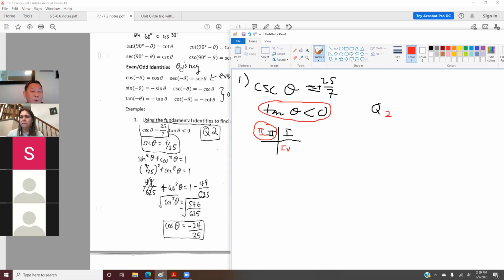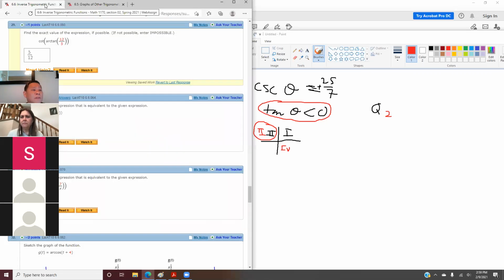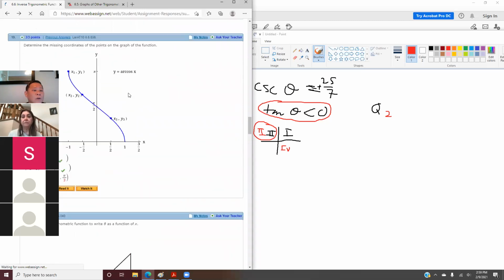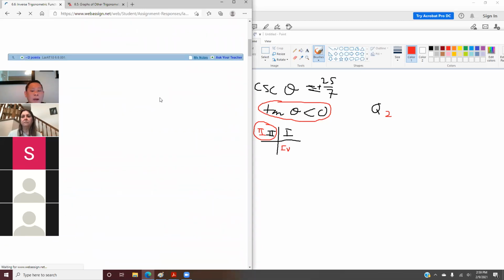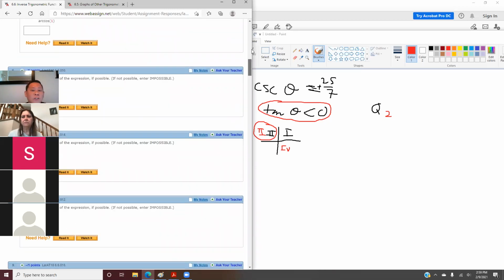This was done back in 6.3 in your homework. I taught you guys what quadrant it belongs to, and you just put it down.